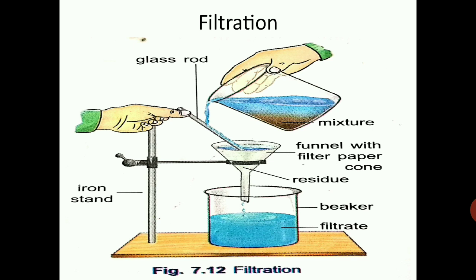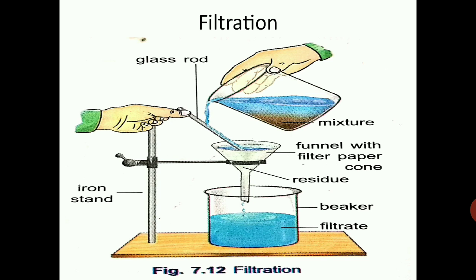For this, a filter paper is used. A filter paper is one such filter that has very fine pores in it. A filter paper is folded in the form of a cone and fixed on the funnel. In this picture you can see a funnel is kept. Inside the funnel, the filter paper cone is kept.